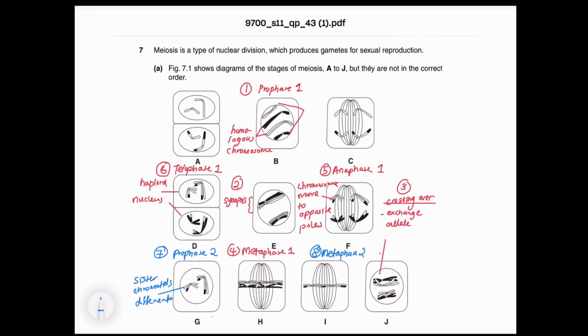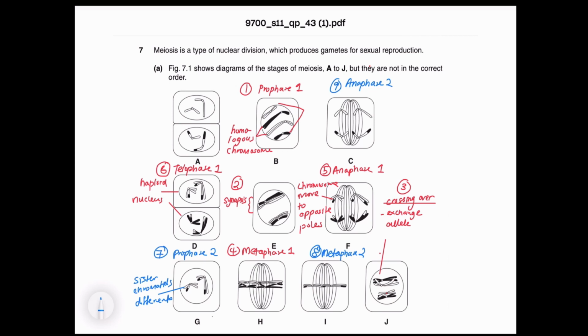Can you see the difference between H and I? For H, it is the homologous chromosomes lining up at the equator, but for metaphase 2 it is just the chromosomes lining up at the equator. And after metaphase, we will have anaphase. So for anaphase, you will see that it's the sister chromatids that are being pulled to opposite poles.